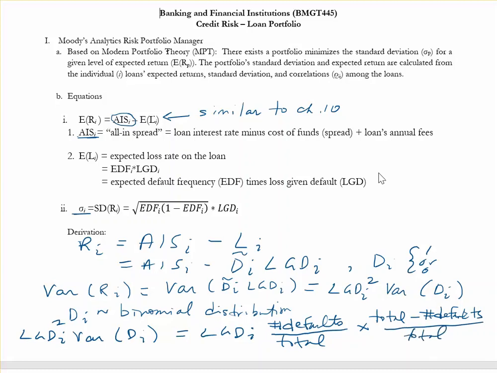Now, this is the expected default frequency. That's 1 minus the expected default frequency. And so therefore, the variance of the returns is the square of the loss given default times the expected default frequency times 1 minus the expected default frequency, and then of course the standard deviation would be the square root of that.